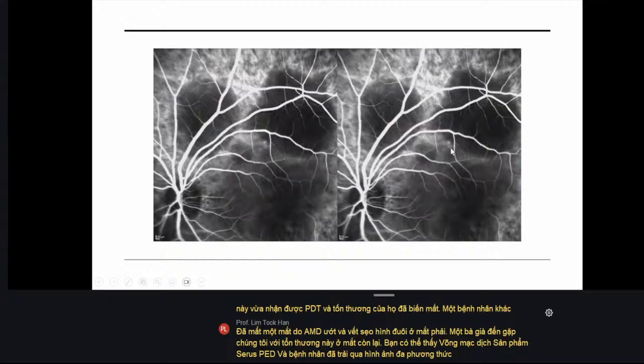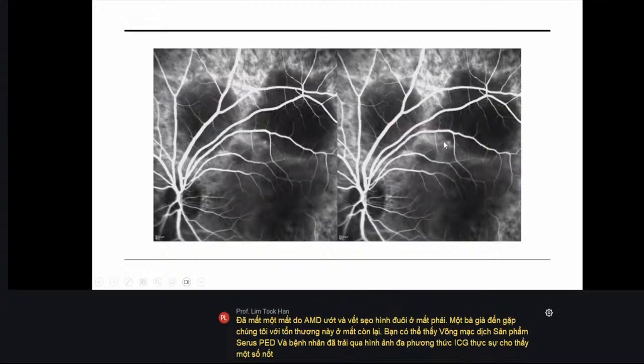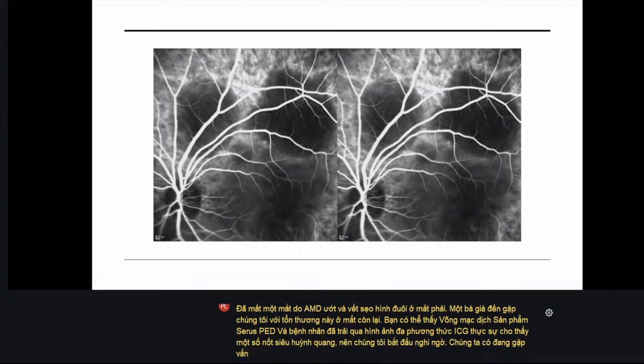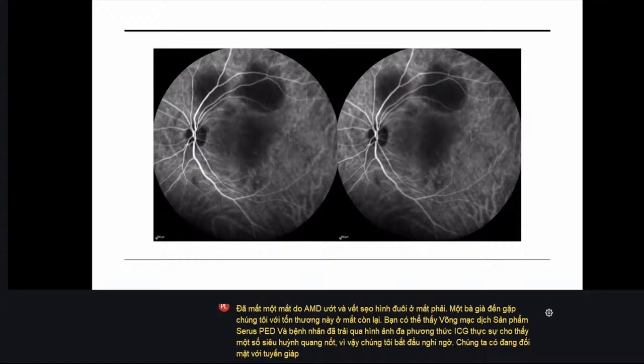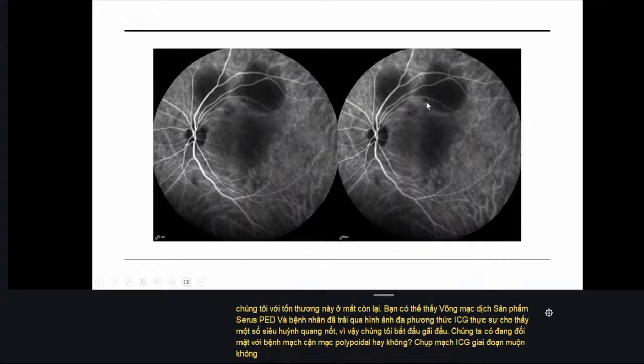ICG actually showed some nodular hyperfluorescence. So we start to scratch our heads, are we dealing with polypoidal choroidal vasculopathy or not? Late phase ICG angiogram did not show hollowing out of the dye here, which a polypoidal ought to show.